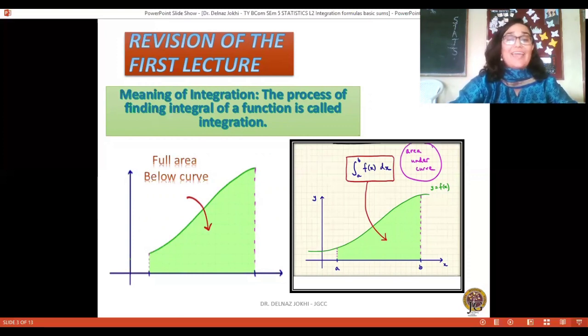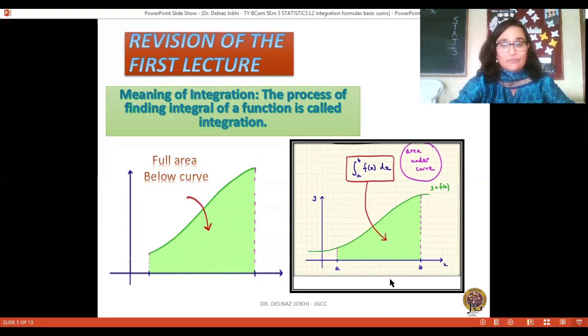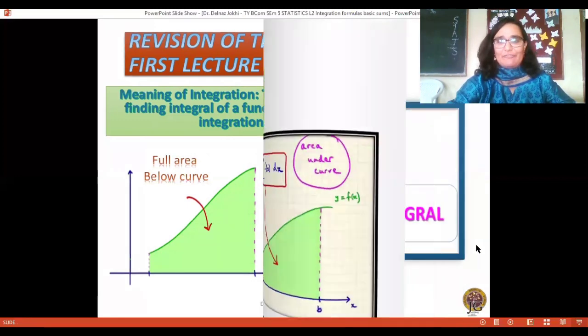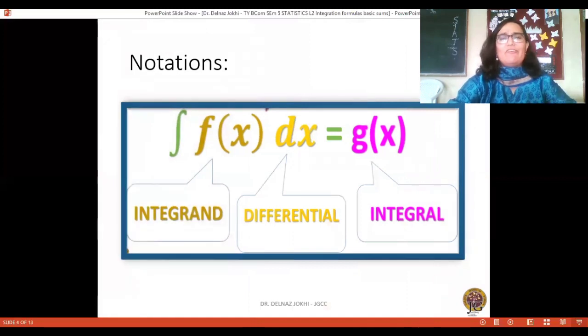You have something from A to B. You have this A and this B, if you can see the cursor. When you want to find the partial area below this curve, from a fixed point A to point B, which type of integration will be helpful to you? Definite integration.